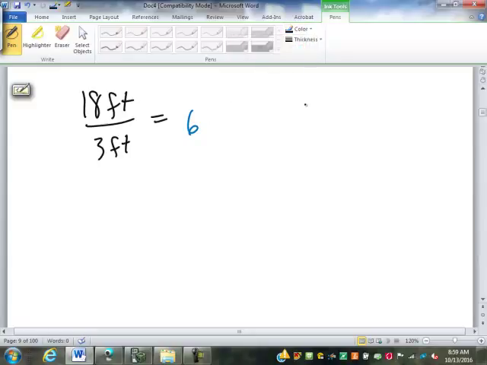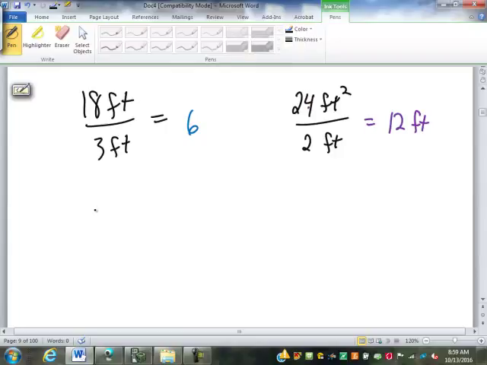Now I could have something with an area of 24 square feet. I'm going to divide it into 2 foot lengths. How long is each of them going to be? Yeah. 24 divided by 2 is 12. Square feet divided by feet is just feet. So there I would still have units on my answer.